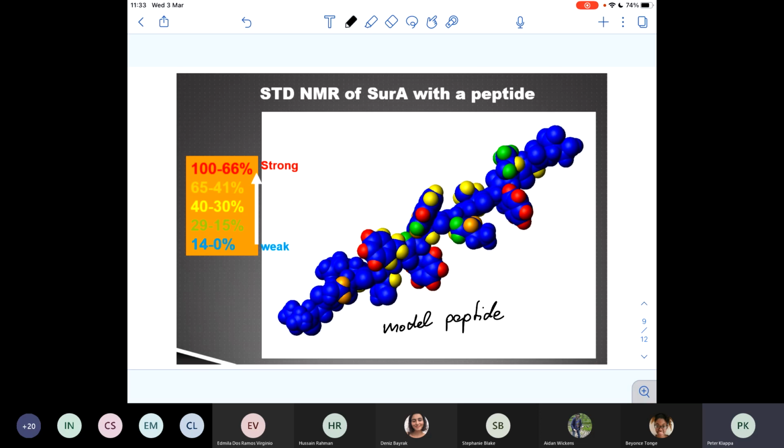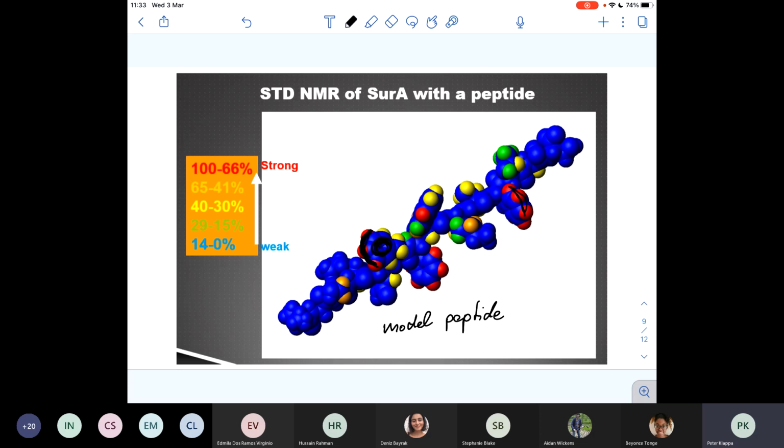And everything that is red is in very close contact with amino acids. So you see here these amino acids in this phenylalanine ring here. These hydrogen atoms are in very close contact with amino acids from SIR-A, from the binding site.